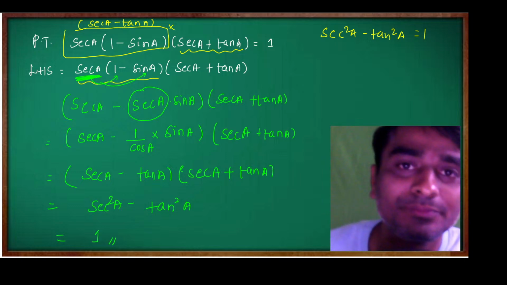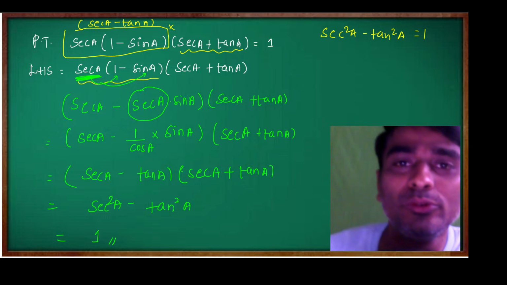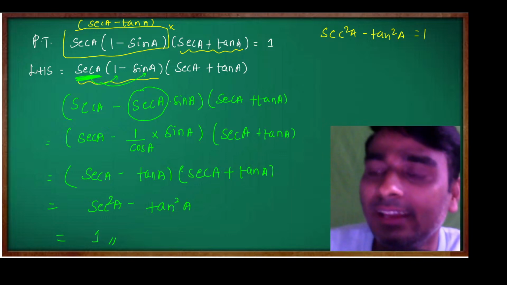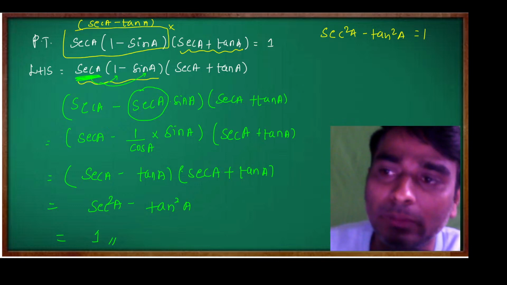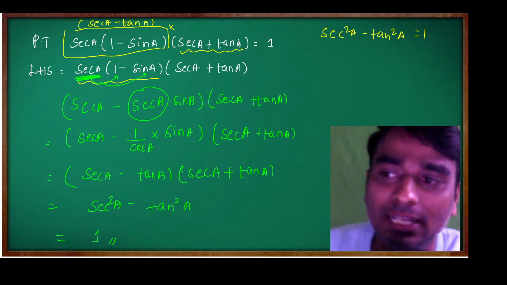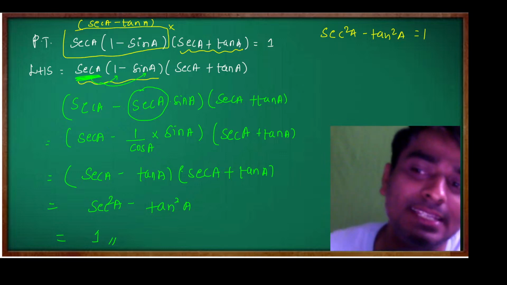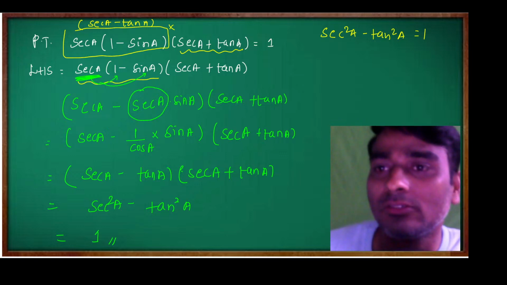Very simple. This is one way of doing this question. If you want to do it in another way also, you can do this question. I will write 1 by cos, then 1 by cos, sin by cos. There is another way of doing it, but this is the easiest way. So simple question, right?